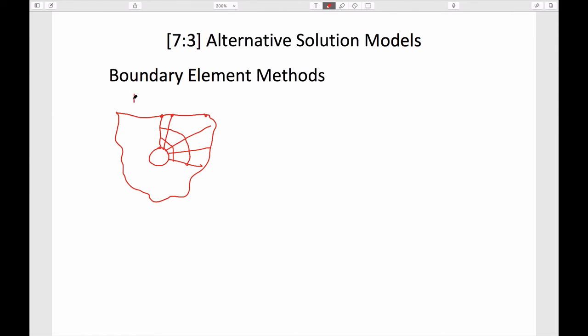So these are domain methods, which we've called them. And we can also talk about boundary solution methods, which are fundamentally different.